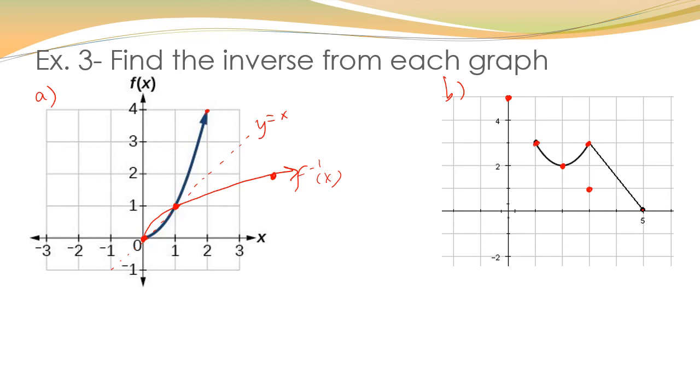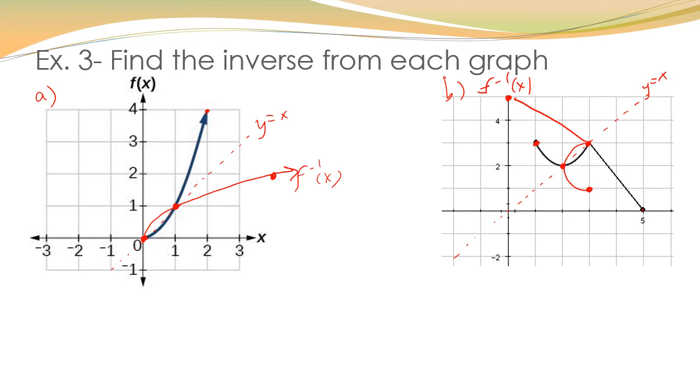Now, it might be kind of tough to think about what that looks like with those 4 points. So it might help you to draw this. You don't have to, it might help you. So this is going to make a nice little cup shape. And then this is going to connect to that with our straight line. And that was our f inverse of x.